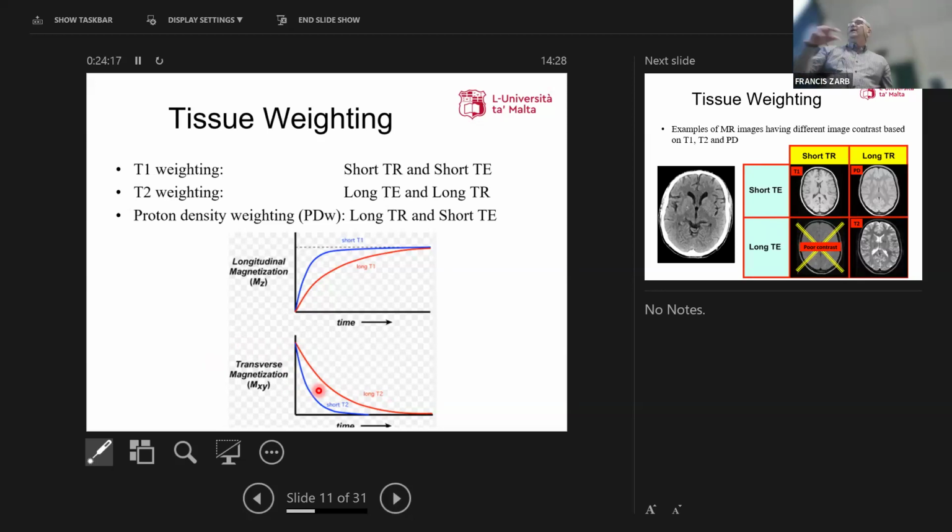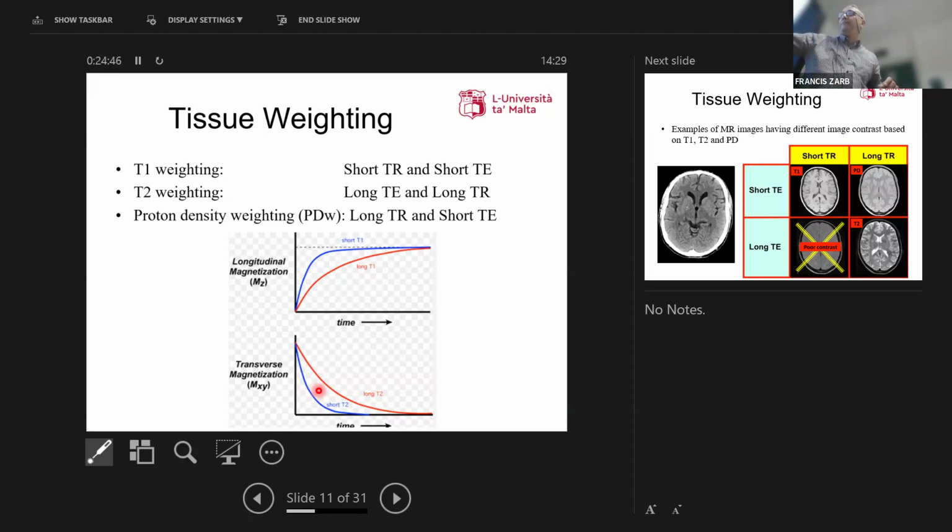Okay? If I want to limit both T1 and T2, how? By using a long TR and a short TE. So the difference in signal is neither based on T1, because with a long TR both of them are the same, nor on T2, because TE is very short.